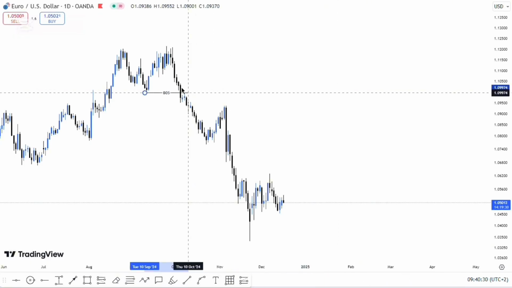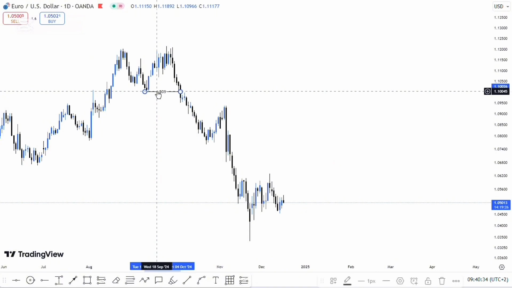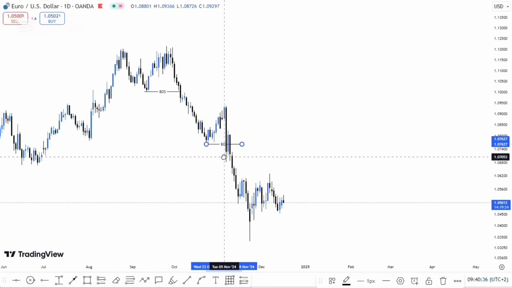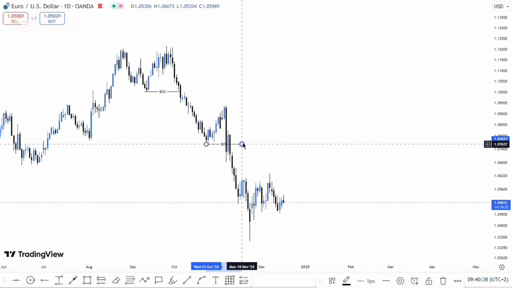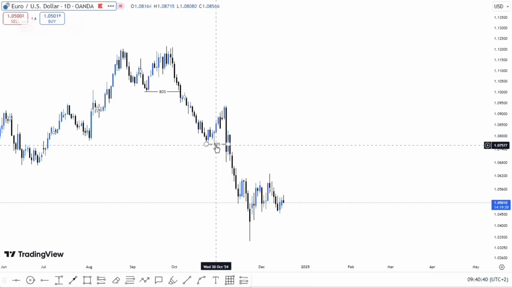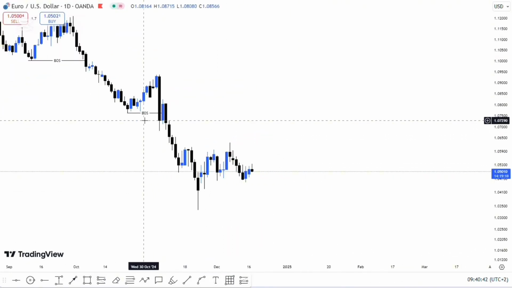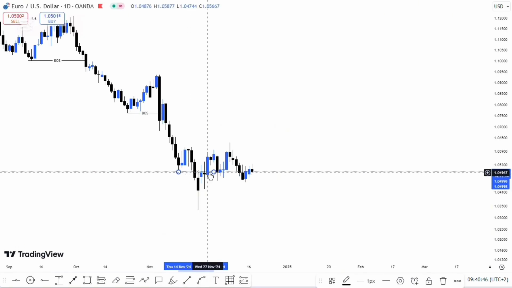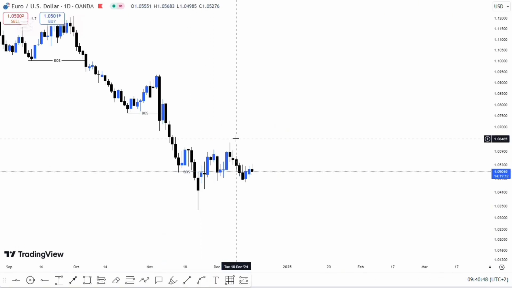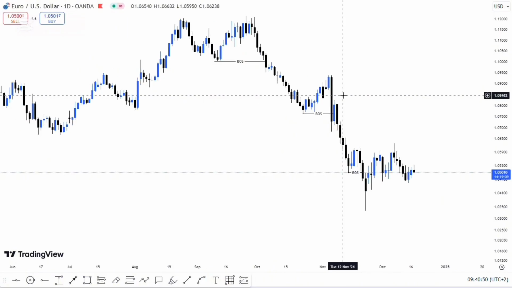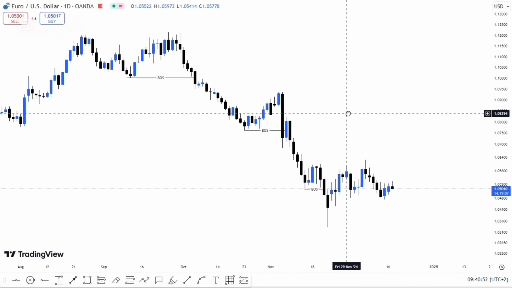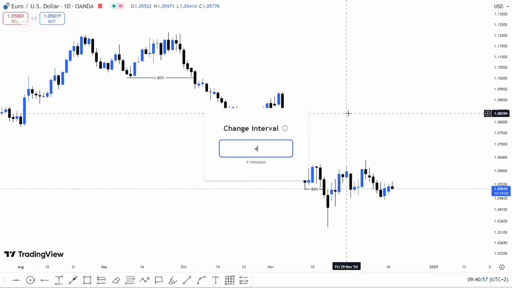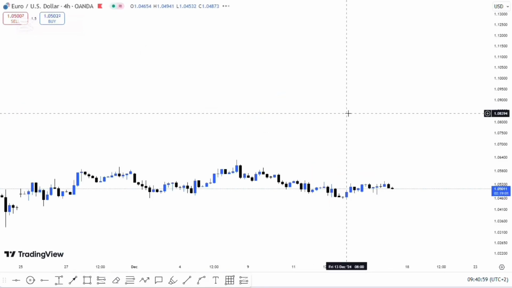You need to mark your break of structure so that you can remember what the market is telling you, so that you don't get confused later on. As you can see, we have these break of structures going to the downside. So now we know that the market is bearish, so sells will be more probable than looking for buys.